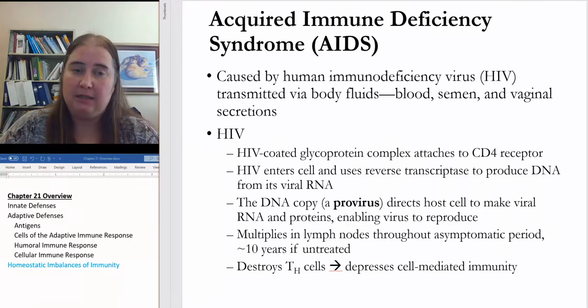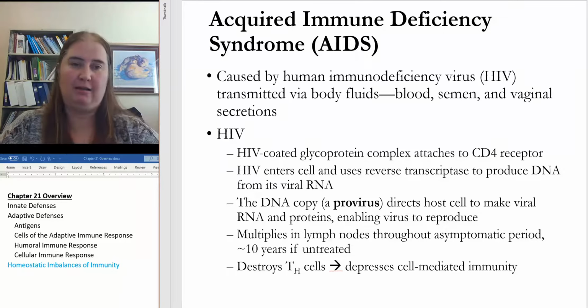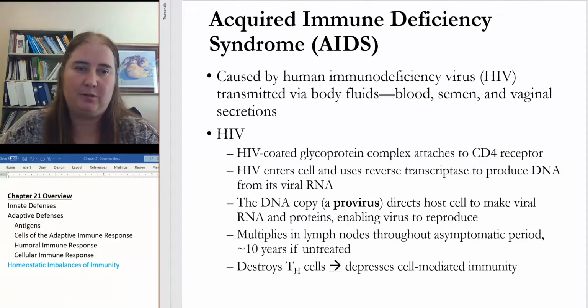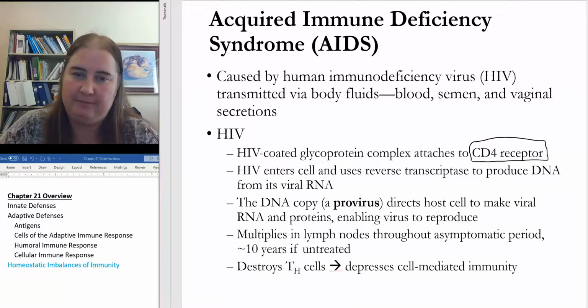HIV is a virus that loves to attack our CD4 receptors. Okay? So remember, our CD4 is going to become that T helper cell. And so what it does is it binds that CD4 cell, okay, and it injects its viral RNA into that cell, okay, into that CD4 cell.